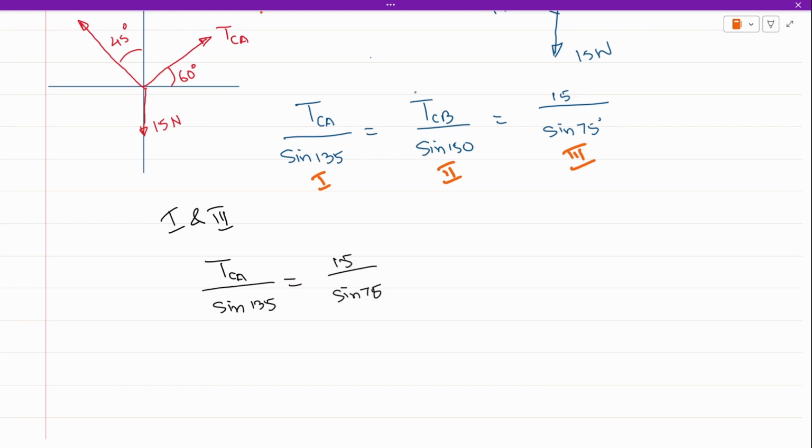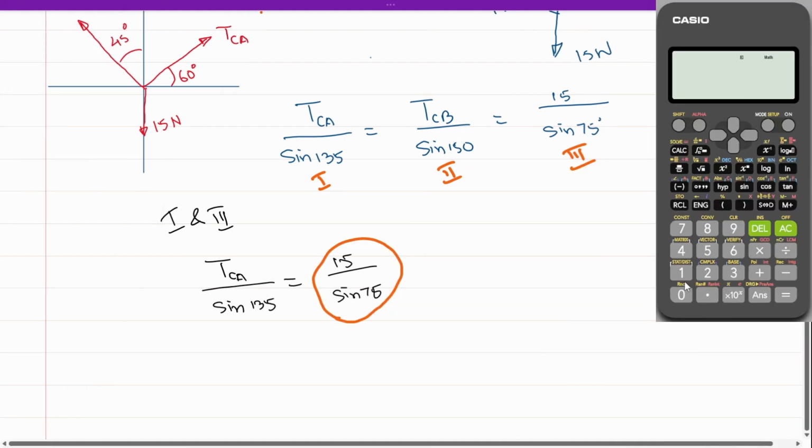So let us identify what is the value of this 15 by sine 75. So in your calculator, just substitute 15 divided by, open the bracket, put sine 75. So if you get some fraction like this, press this SD. So 15.52.